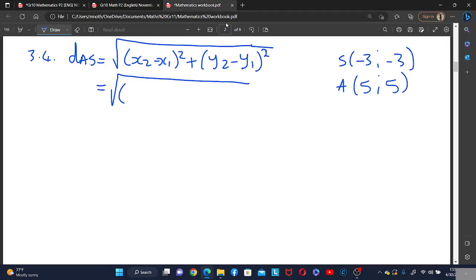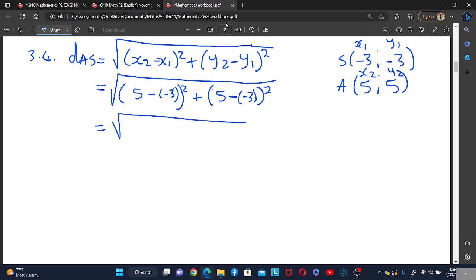So let's name them: this one is x1, y1, and x2, y2. So x2 is 5 minus x1, which is -3, squared, plus y2, which is 5, minus -3, squared.